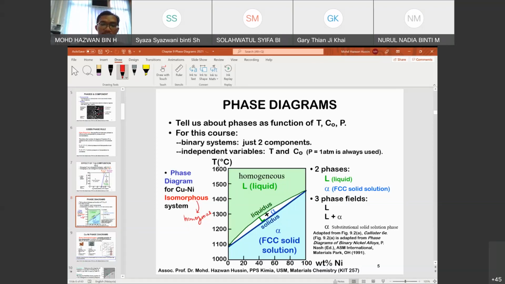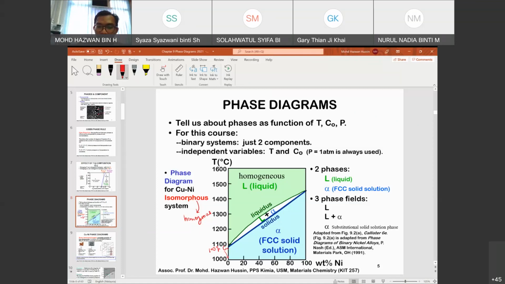All right. So in order to understand this phase diagram, you will see that from 1600, and from the composition 0 up until 100% of nickel. So 100% of nickel, it means that this is actually 100% of what? Anyone knows? Copper. Okay, because you are actually mixing copper and nickel.